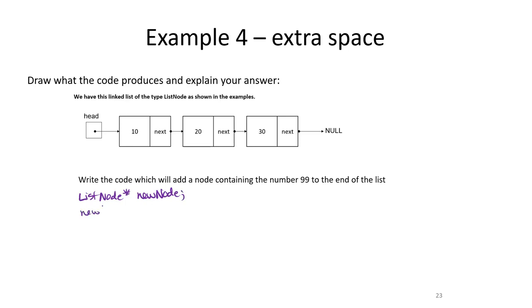Then we can say that new node equals new list node. So here we are declaring a list node type pointer, and making that pointer point to a new node.